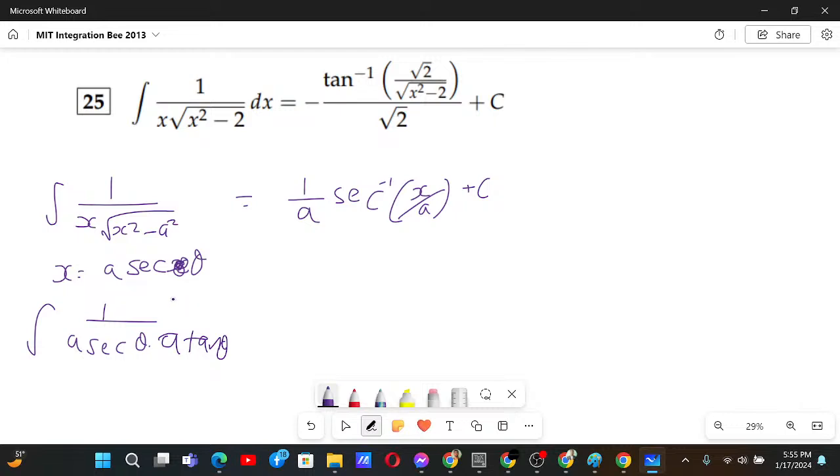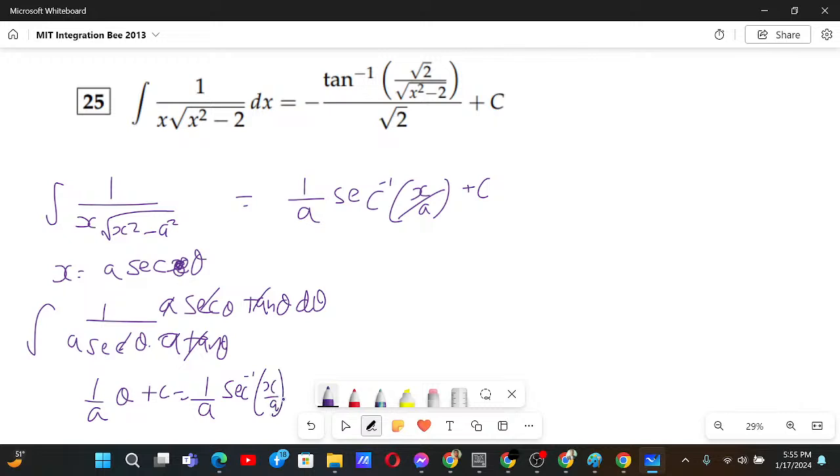And in the numerator, you will have a sec theta tan theta d theta. So 1 by a theta plus c, and theta is sec inverse x by a. So 1 by a sec inverse x by a plus c. This is the answer. And now our a is actually root 2 over here, because it should be a square. So 1 by root 2 sec inverse x by root 2 plus c.